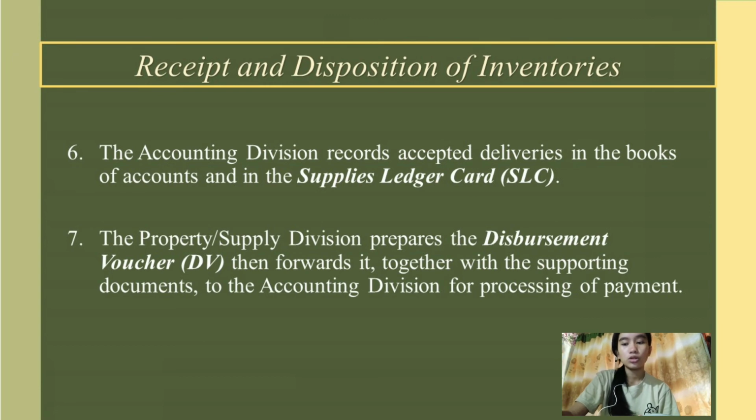So, bilang internal control dito, yung SC or the stock cards and the SLC ay mare-reconcile lagi, which will be maintained by the Property Supply Division when it comes to stock cards, and the supplies ledger card by the Accounting Division.